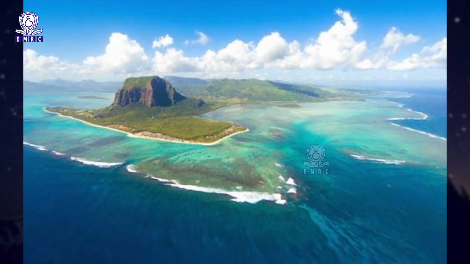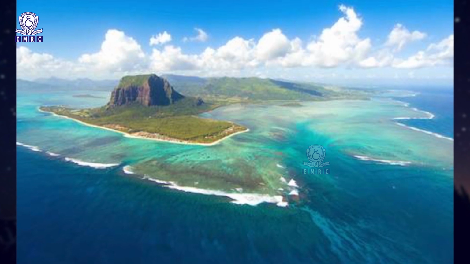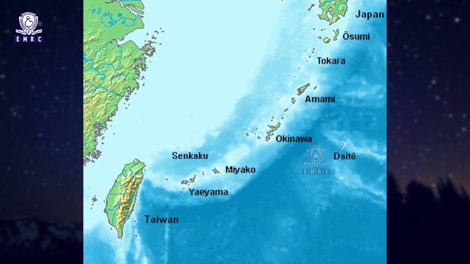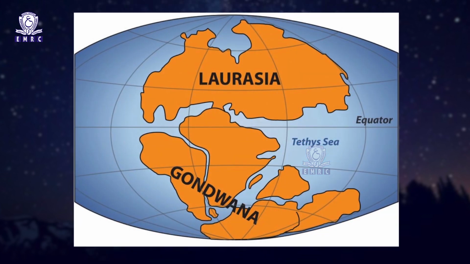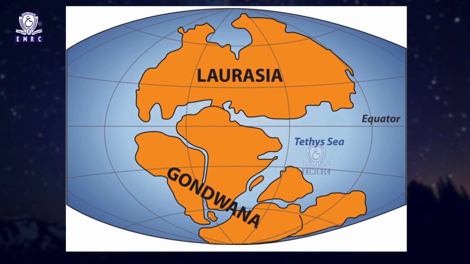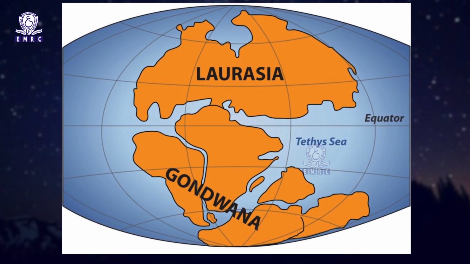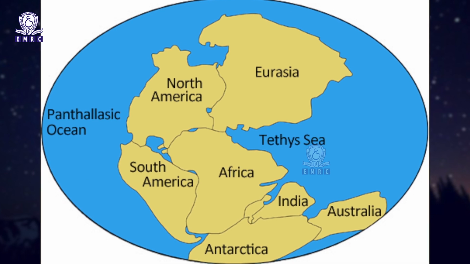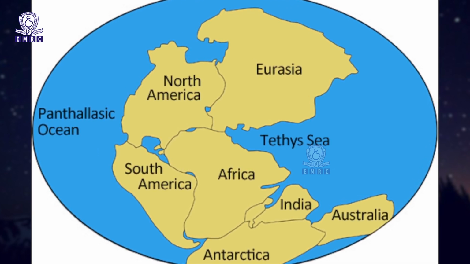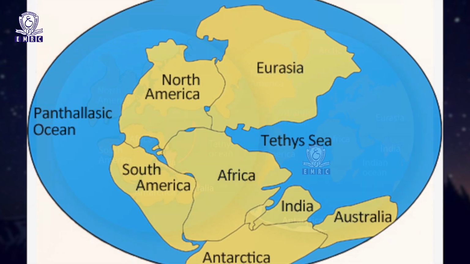In the geological past, India was a large island situated off the Australian coast. The Tethys Sea separated it from the Asian continent till about 225 million years ago. India is supposed to have started her northward journey about 200 million years ago.